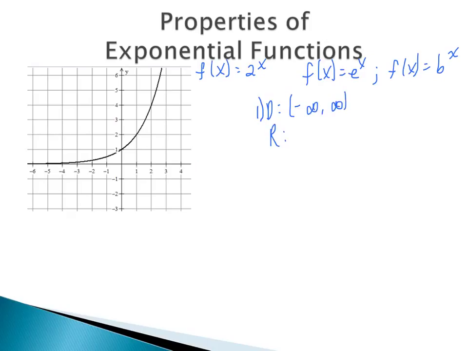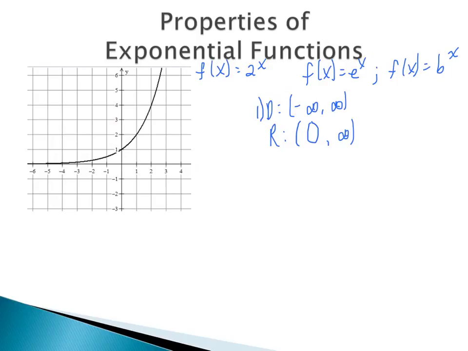If we look at our range, then remember we're looking at our smallest y value to our largest y value. Looking at the graph here, we can see that it definitely goes all the way up to infinity, so we know that we're going to end at infinity. But it starts just above 0. So what happens is that we don't include 0. Although this graph might look like it's touching the x-axis, it's actually not.